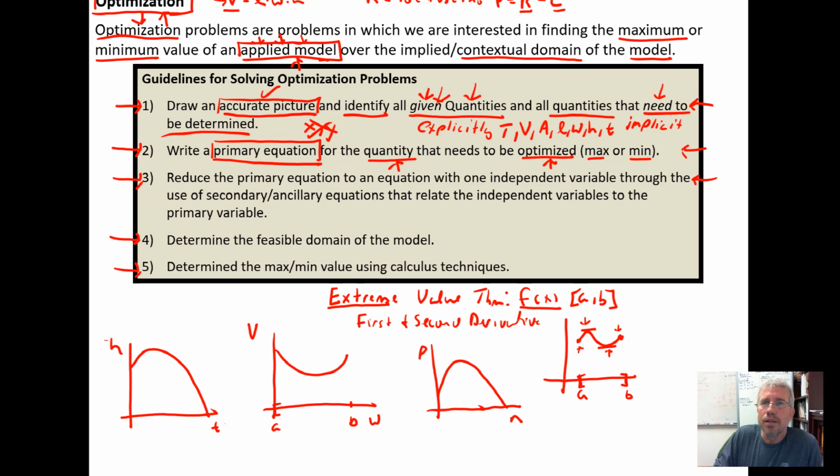Once you've written down the primary equation that you're trying to optimize, you want to check, is it a function of more than one variable? So if we have volume as a function of length, width, and height, well, in Calc 1, we're only working with single variable functions.